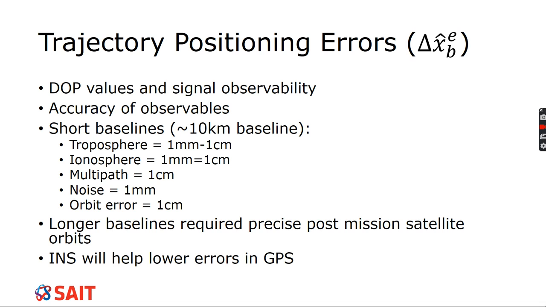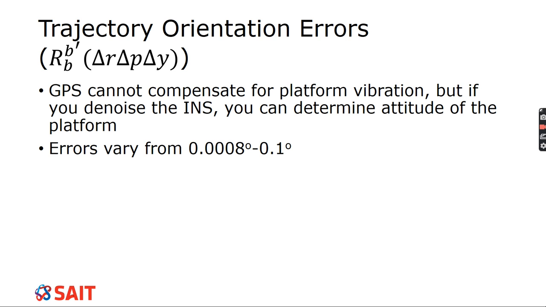So the INS, it does help lower the errors in the GPS, but it still has its own errors as well that contribute to it. So getting into that, this is the orientation errors from the INS. So you have your platform that's vibrating.